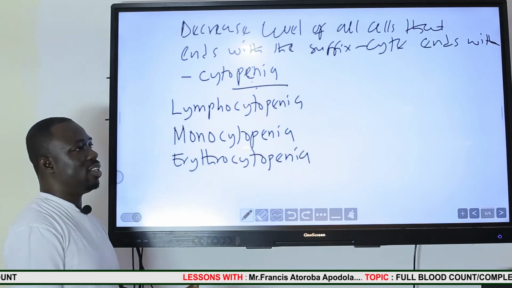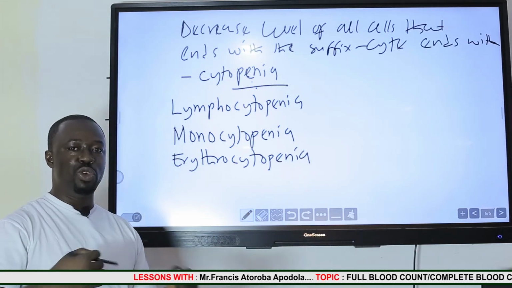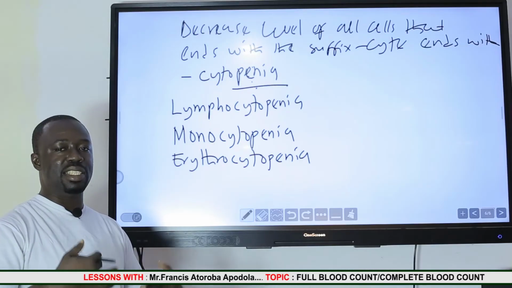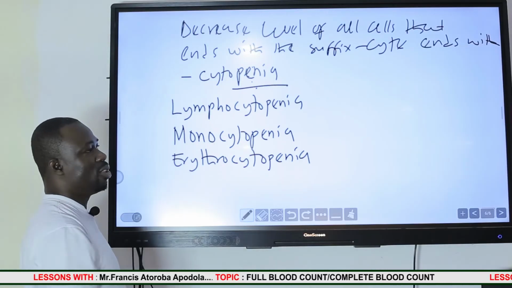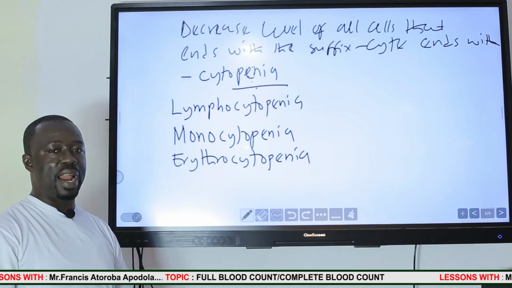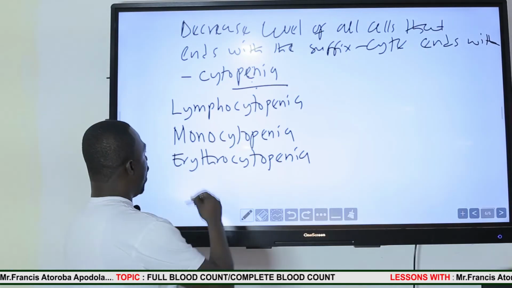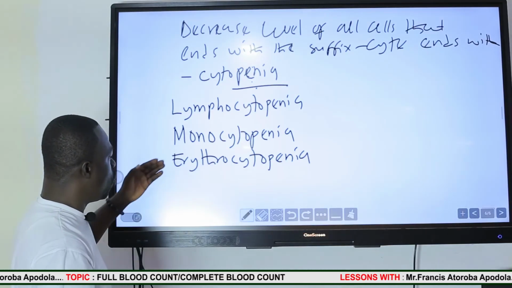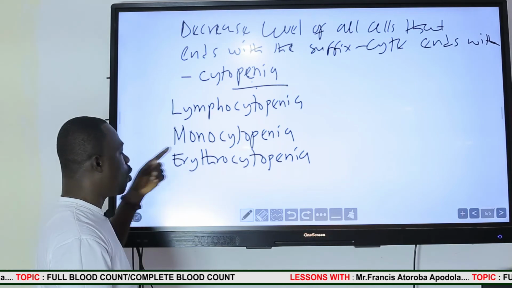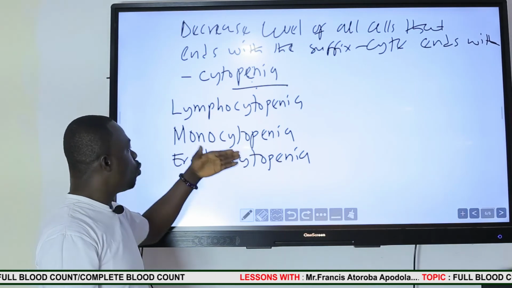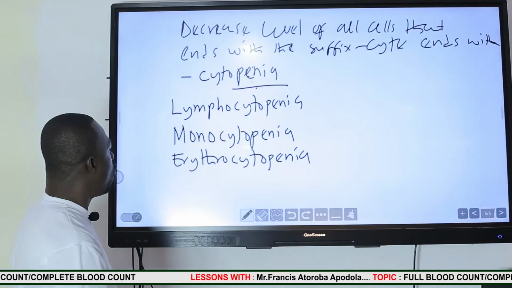So once the cell name ends with cyte and we want to establish the terminology for its decreased level, cyte will be described as cytopenia. So we have erythrocytopenia, monocytopenia meaning decreased number of monocytes. Lymphocytopenia means a decreased number of lymphocytes.